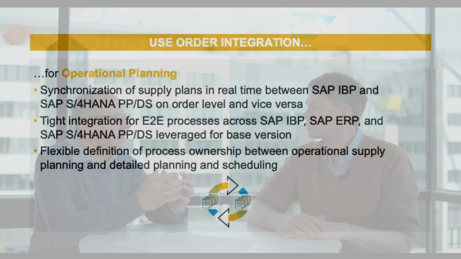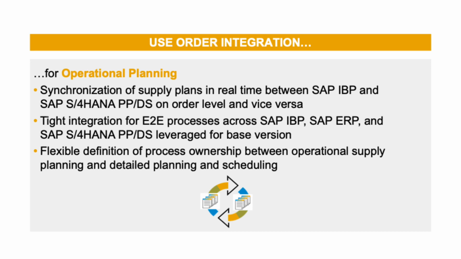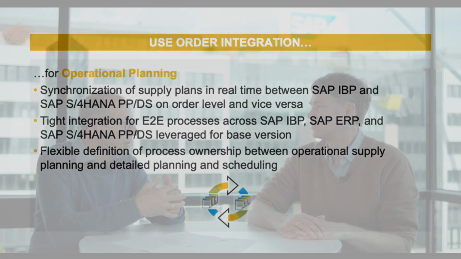Whereas when we are looking at the order integration, we are using our real-time communication to bring the operational supply plan order by order to production planning and vice versa. So this is basically a tight integration, as it has this order-to-order concept. And also here, we have a very flexible process ownership concept to protect planning results from being overwritten, especially when we have overlapping horizons.